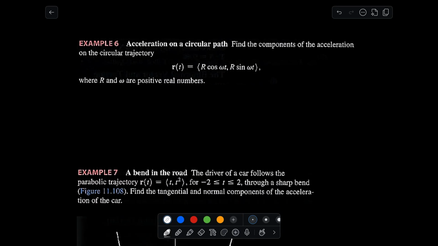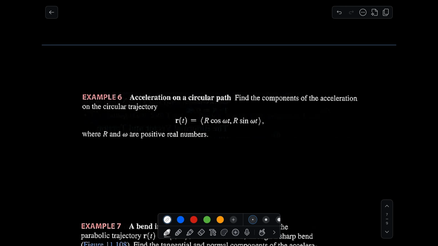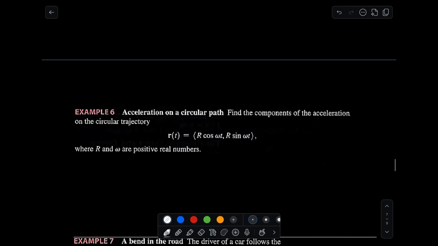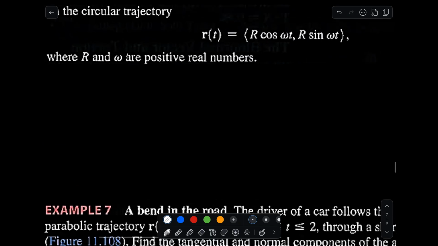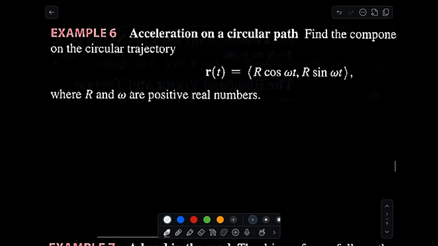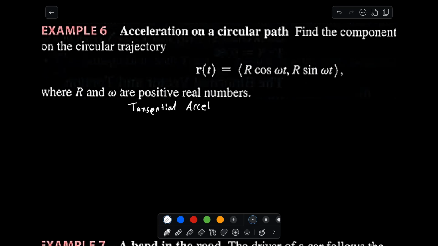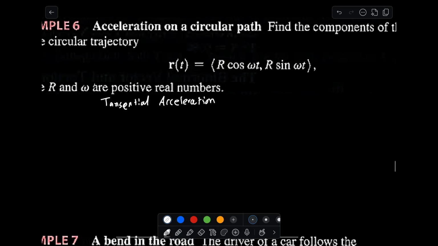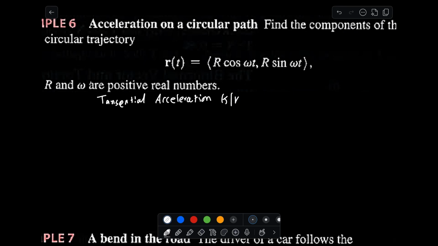And with this, finding the components of acceleration on the circular trajectory r of t is a similar process. This is a nice shortcut you can use. Since we know that our normal acceleration is kappa v squared, v is just going to be negative r omega sine omega t, r omega cosine omega t.